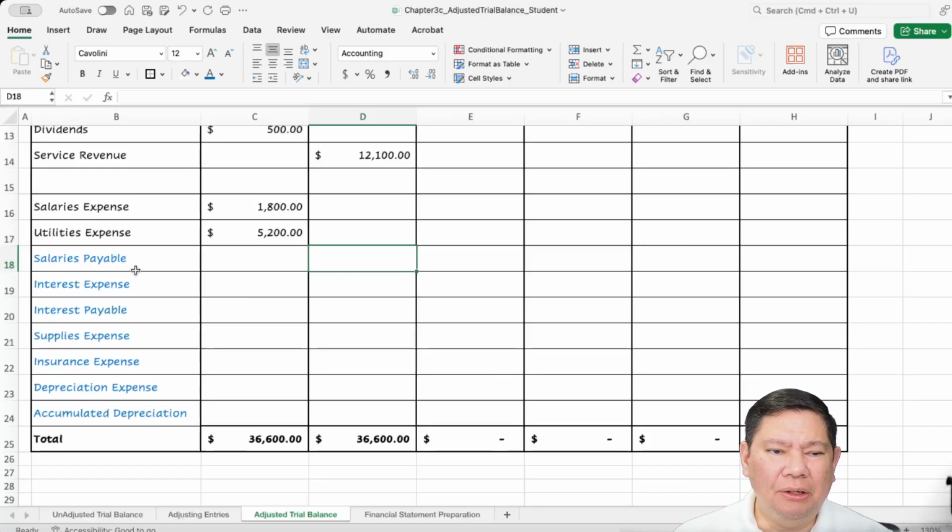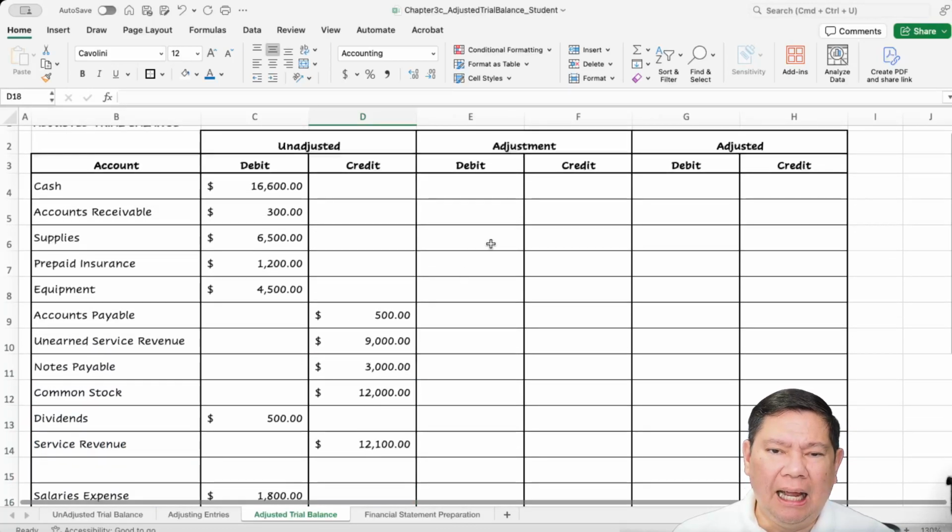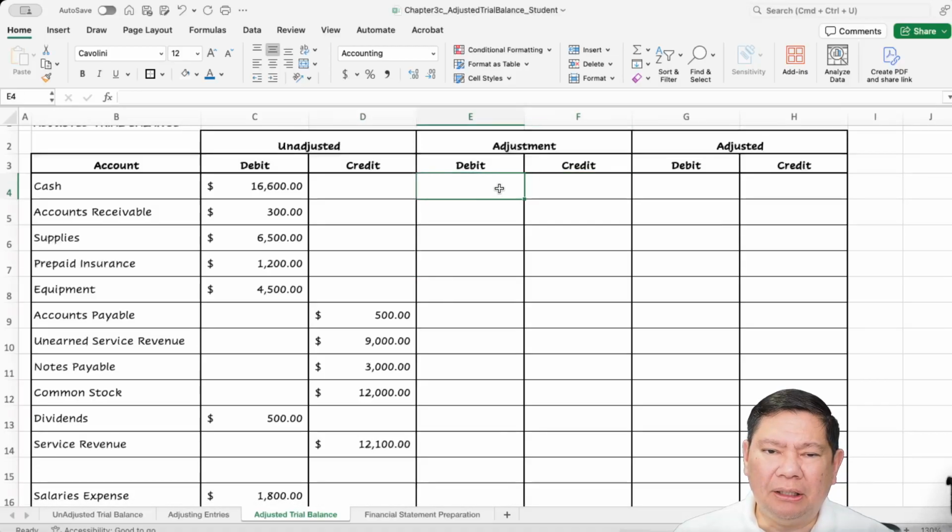So those are the new accounts we created during the adjustments. We're going to use the middle 2 columns here to put our adjustments, and the adjusted trial balance is the total of the unadjusted and then the adjustment. So we can see the changes there.